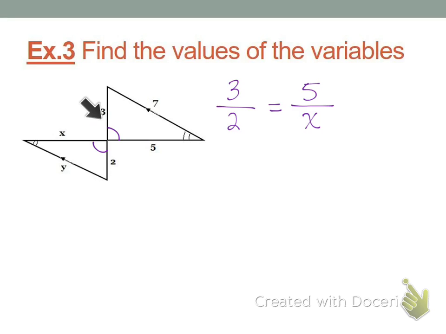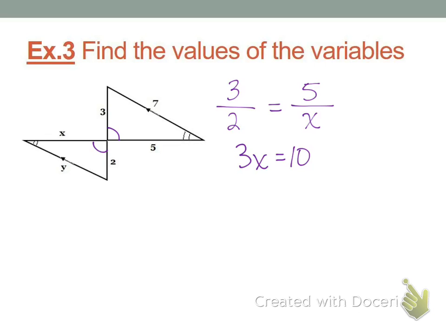For example, 3 came from my top left triangle. 2 came from the bottom right one. So on the top here, we need to use the same triangle that the 3 came from. On the bottom, use the same triangle that the 2 came from. This is not the only correct ratio or proportion to set up, but it's one that'll work.